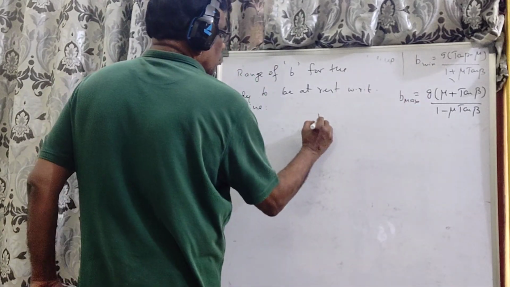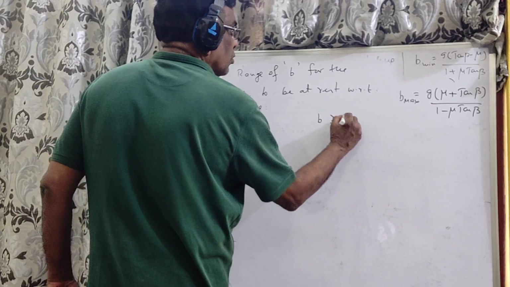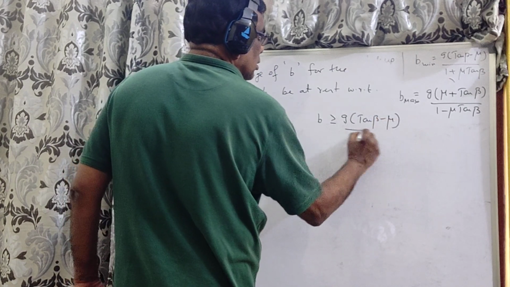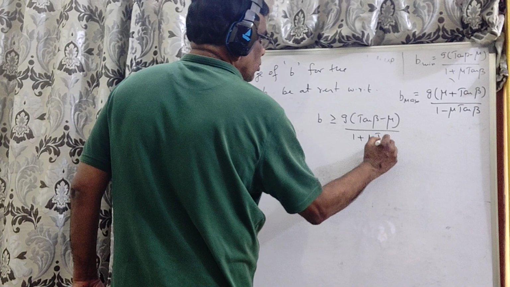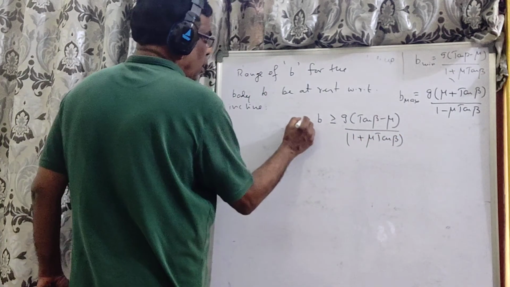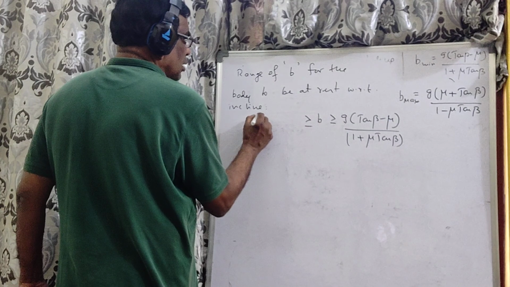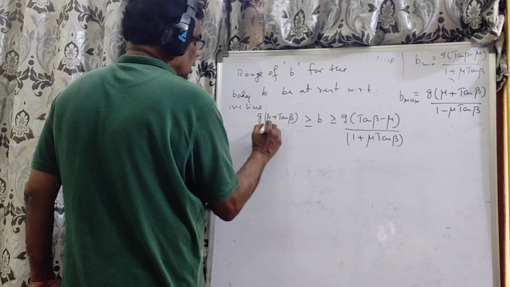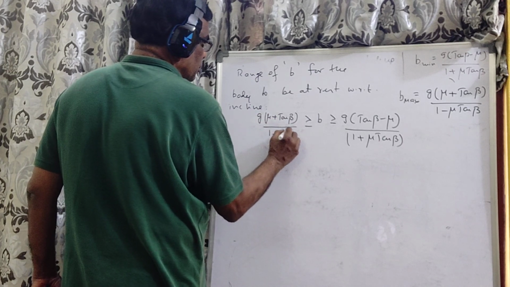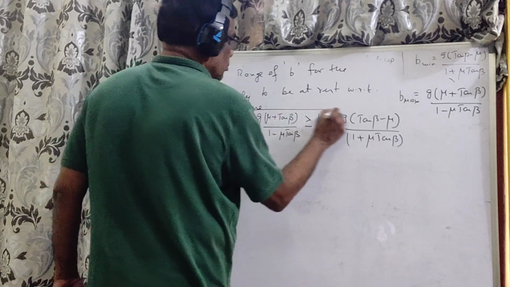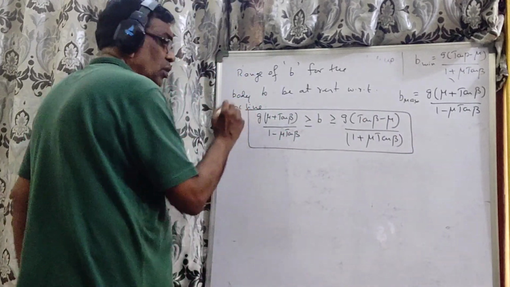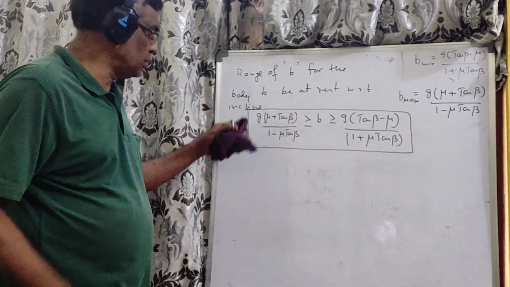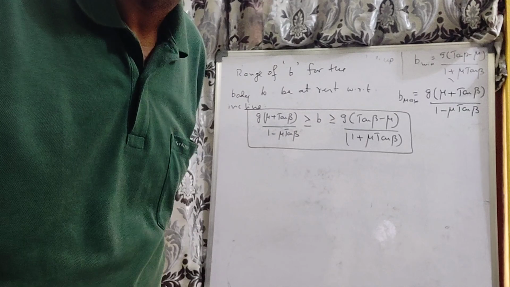B must be greater than or equal to this is the one, or less than or equal to mu plus tan beta by. Do you recall? In the case of cone, we got this.